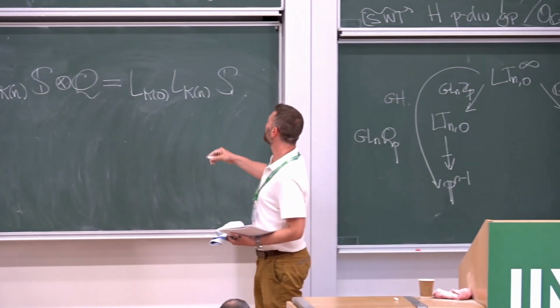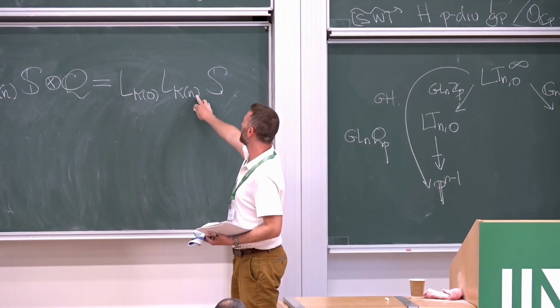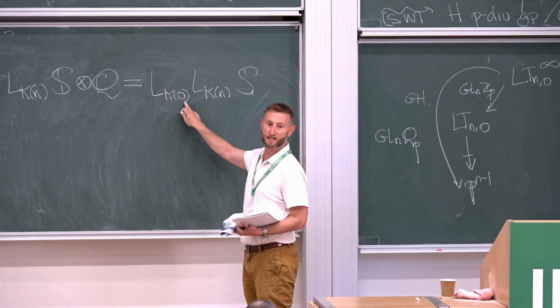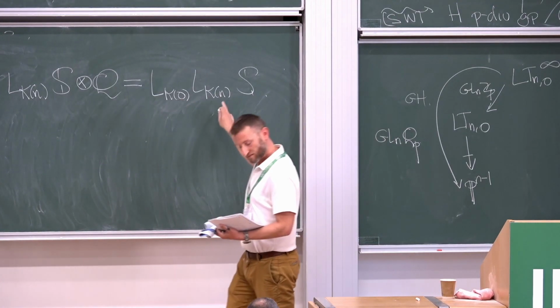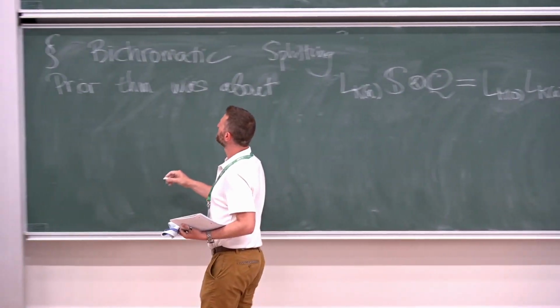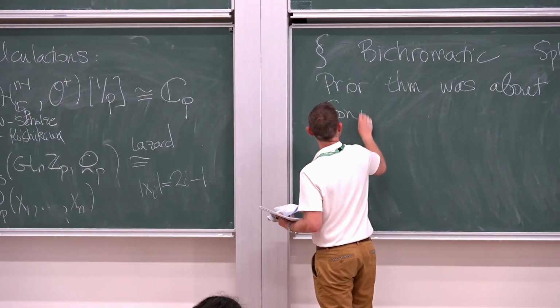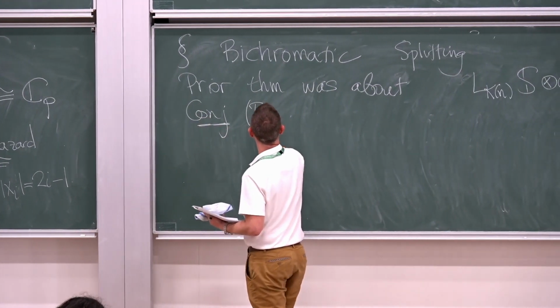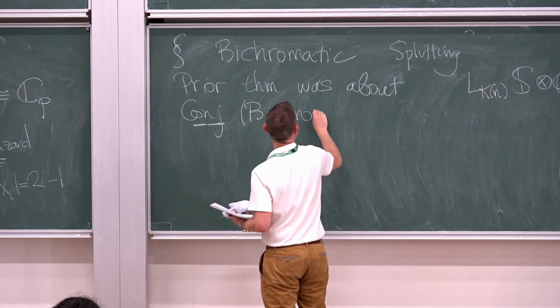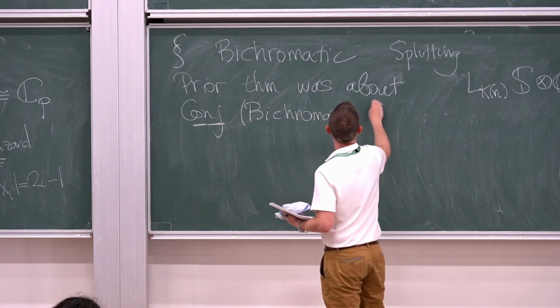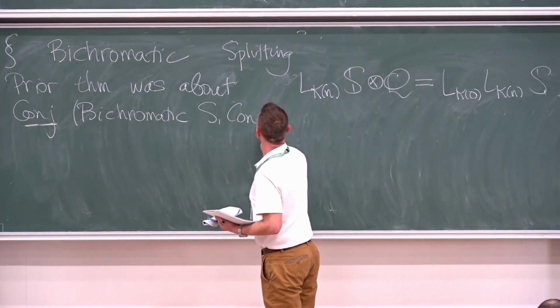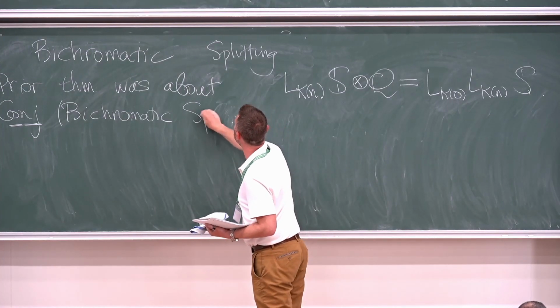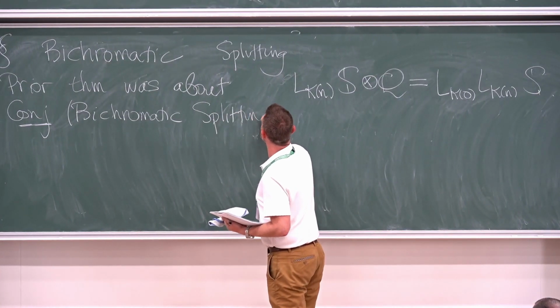So that really suggests a next phase of this project where you allow any other height going here, as long as it's less than this height. So I'll pose a conjecture here, and I'm going to call this the bichromatic splitting conjecture. Okay, I'll write it out just this once.